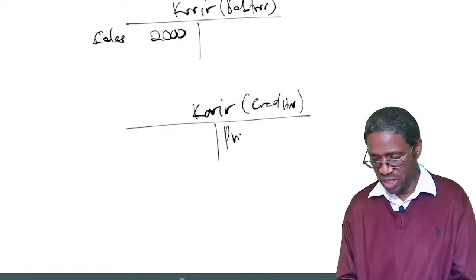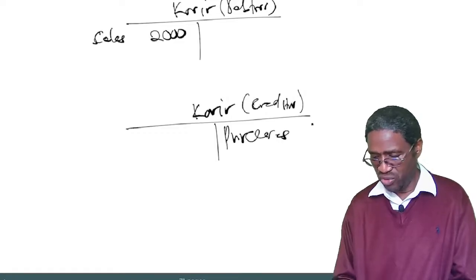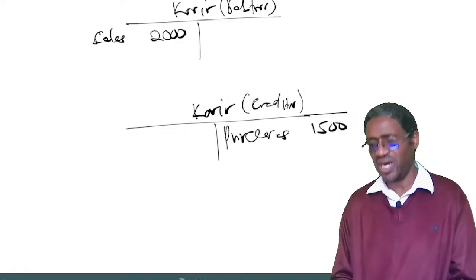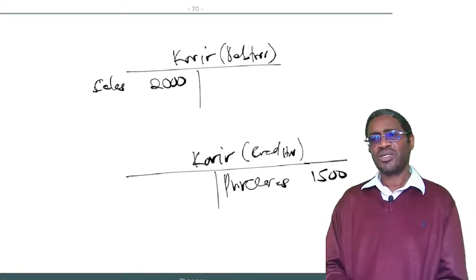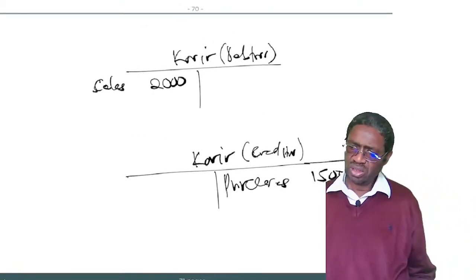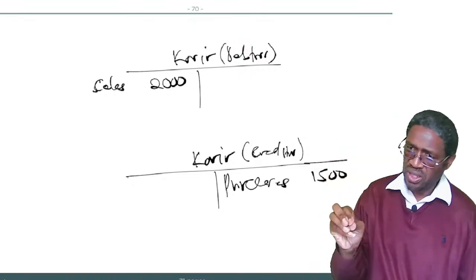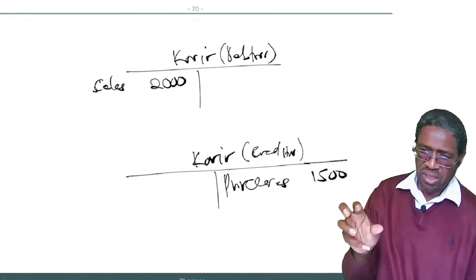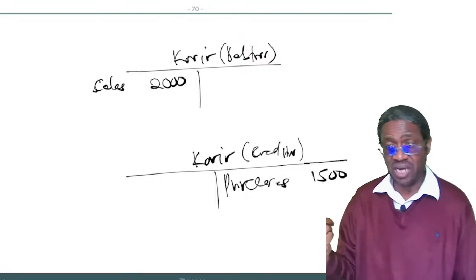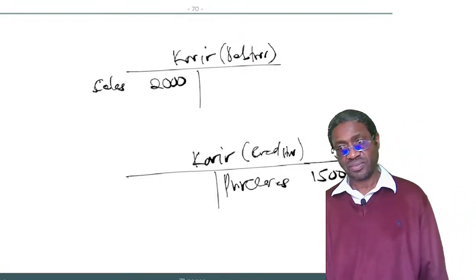And you came and said your purchases, 1,500. Listen. So here is one person who is both a debtor and at the same time a creditor.